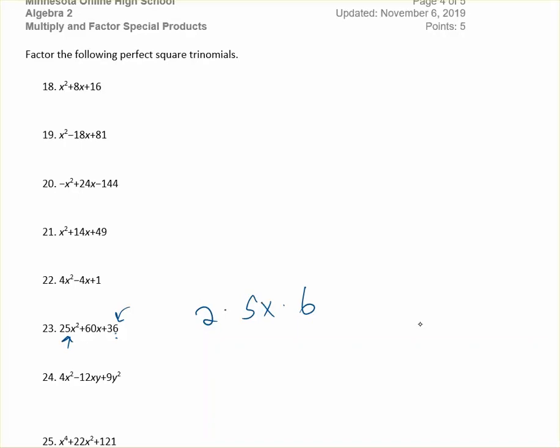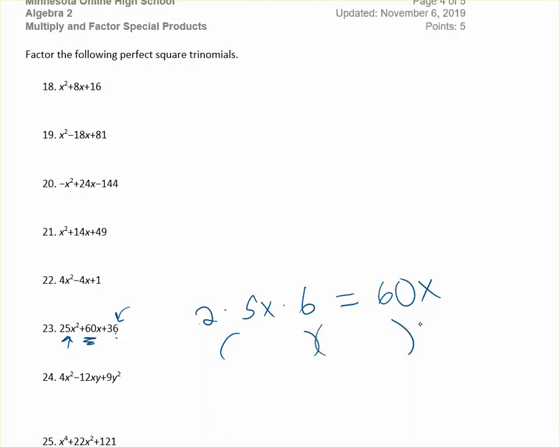If I multiplied these by 2, do I get the middle term? If I do, this will be easier to factor than going through all the steps. So 2 times 5 is 10, times 6 is 60, and I need an x. That is the middle term.